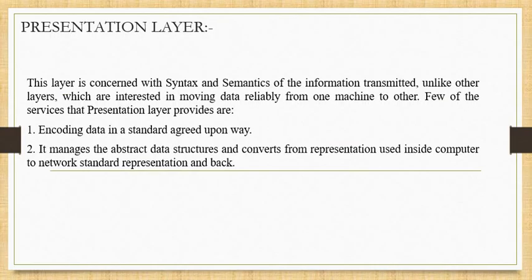So this layer mainly concerns the syntax and semantics of the information transmitted, unlike other layers which are interested in moving data reliably from one machine to another. A few of the services that the presentation layer provides are encoding data in a standard agreed upon way. It manages the abstract data structure and converts from the representation used inside the computer to a network standard representation and back.